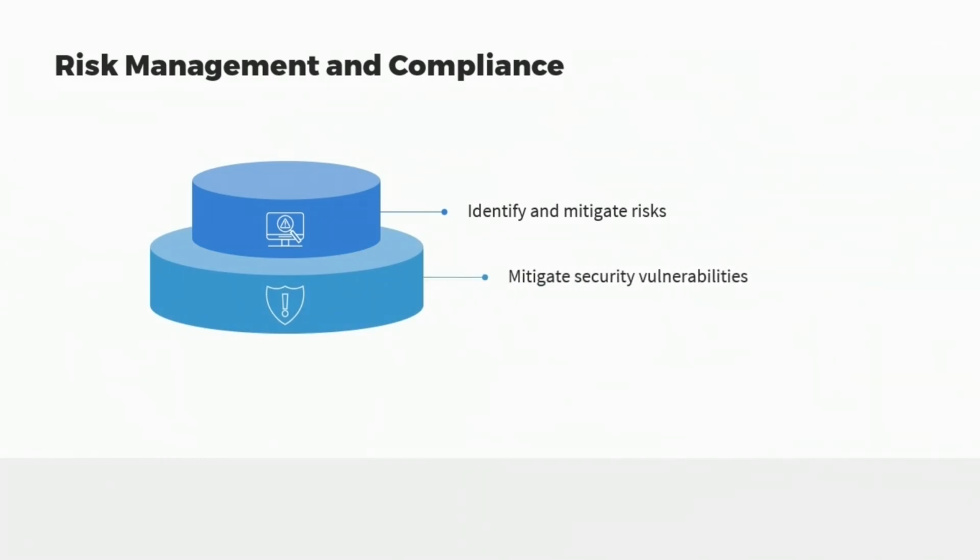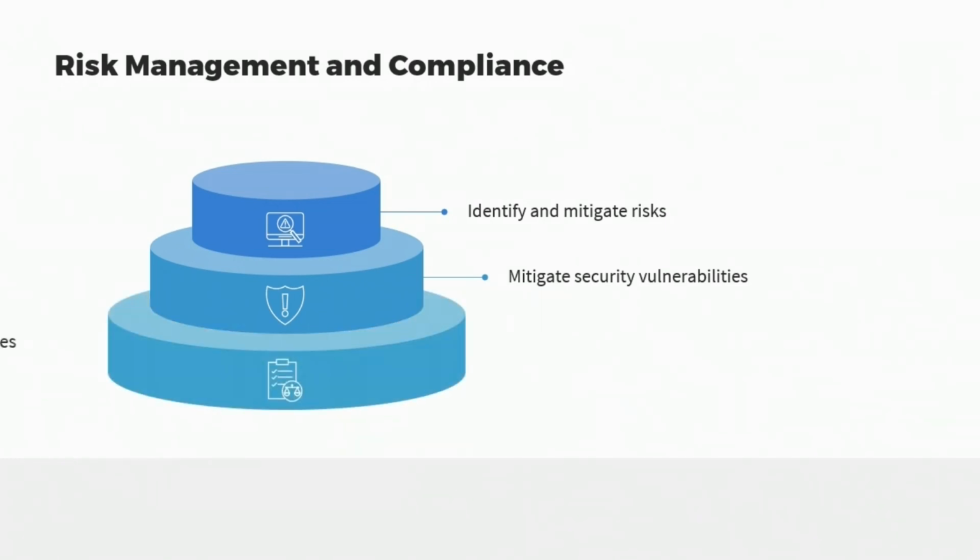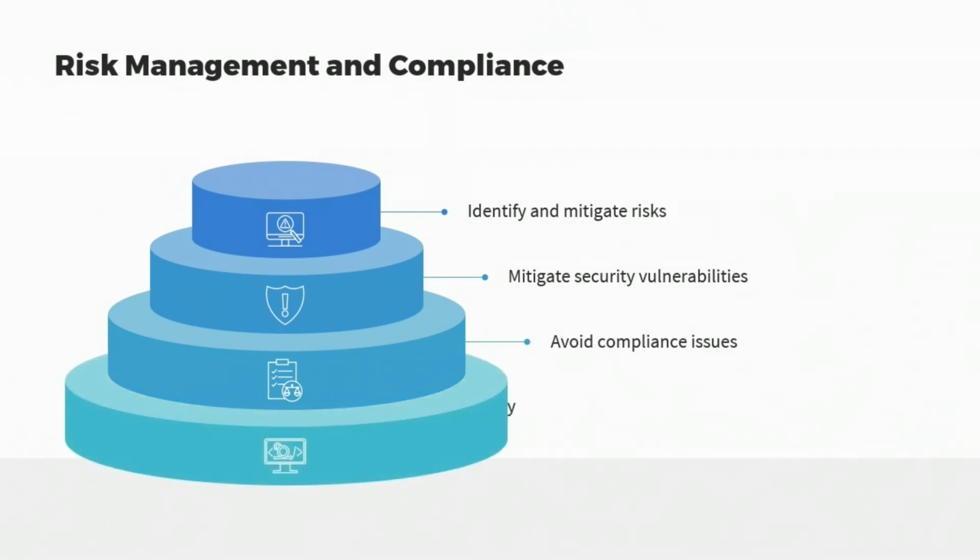Organizations also need to implement robust cybersecurity measures to protect against data breaches, cyber attacks, and other security threats. It's also important to ensure adherence to relevant regulations and industry standards to avoid penalties, legal consequences, and reputational damage. And another aspect of avoiding risk is to implement continuous monitoring and surveillance systems to detect and respond to emerging risks and compliance issues in real time.